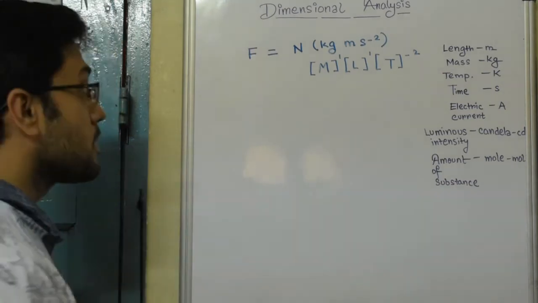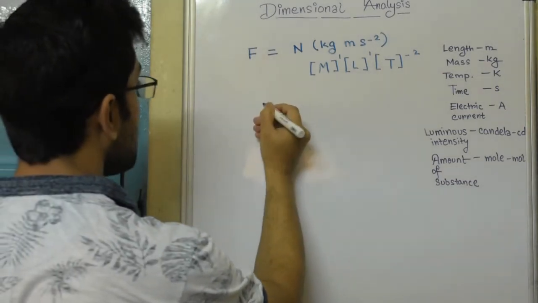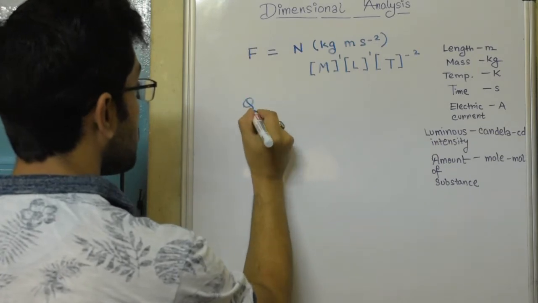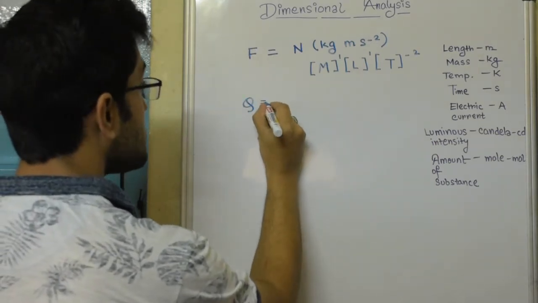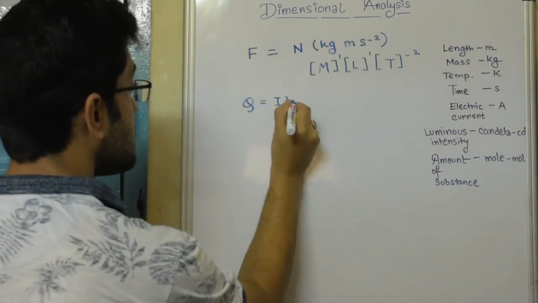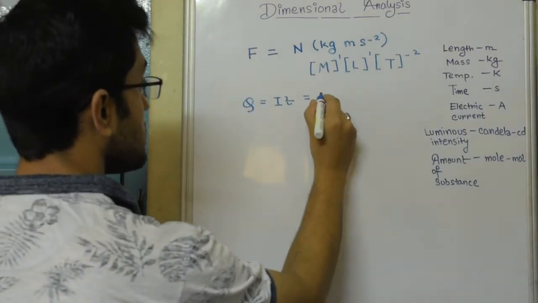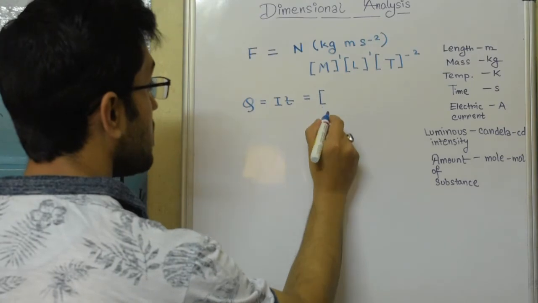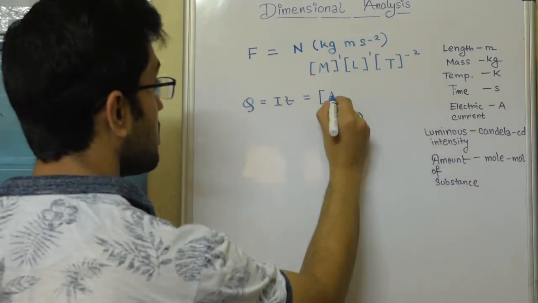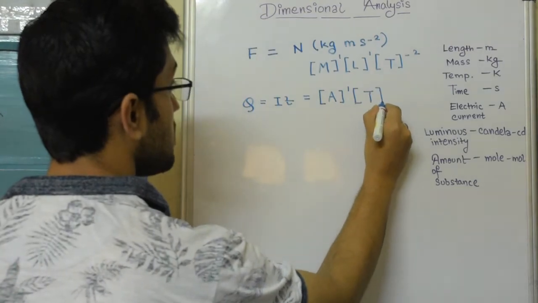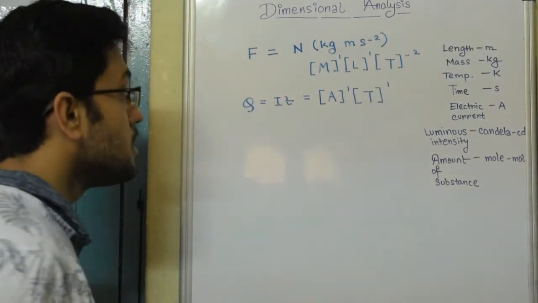Let us take another example. Let us consider Q, which is charge. Charge is equal to current multiplied with time, because current is charge per unit time. So this is equal to dimension of current, which is ampere to the power 1, and dimension of time to the power 1.